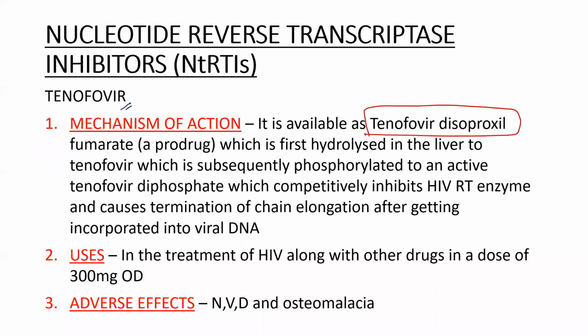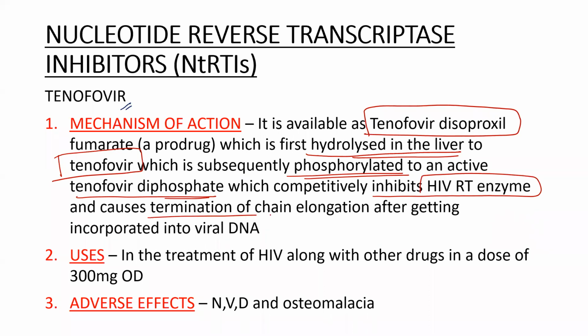Now this tenofovir disoproxil fumarate is first hydrolyzed in the liver, and when it is hydrolyzed, it becomes tenofovir, and this tenofovir gets phosphorylated to tenofovir diphosphate that competes and inhibits the HIV-RT enzyme. And when it does that, it will terminate the chain elongation after getting incorporated into the viral DNA.